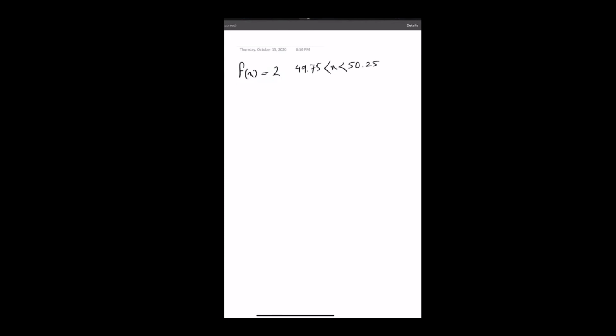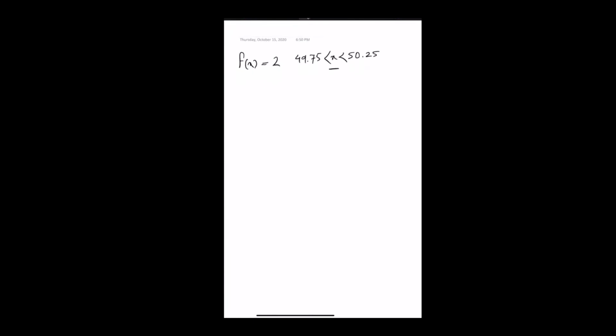Determine the probability that a package weighs more than 50 pounds. So this x is the weight of these packages. It's going to go from this lower bound to this upper bound, and the probability of getting any one of these values is based on this probability density function.